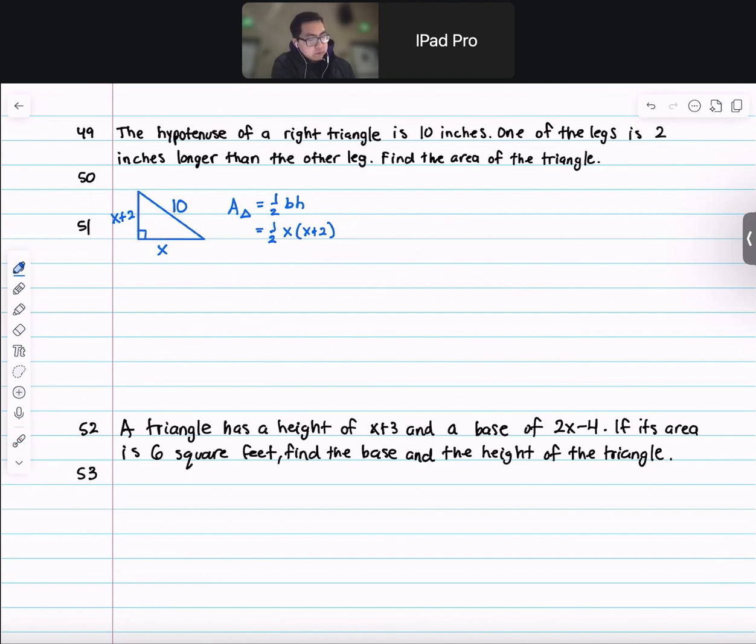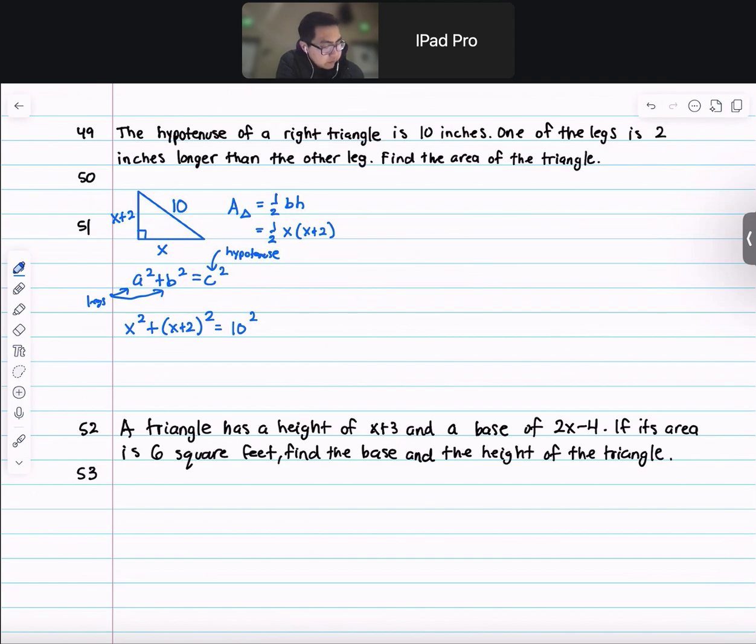So can't we use the Pythagorean theorem, a squared plus b squared equals c squared, where c is the hypotenuse and a and b are your legs? So I'm going to say x is my a, so x squared, plus x plus 2 is my b, so x plus 2 squared, equals the hypotenuse, which is 10 squared.